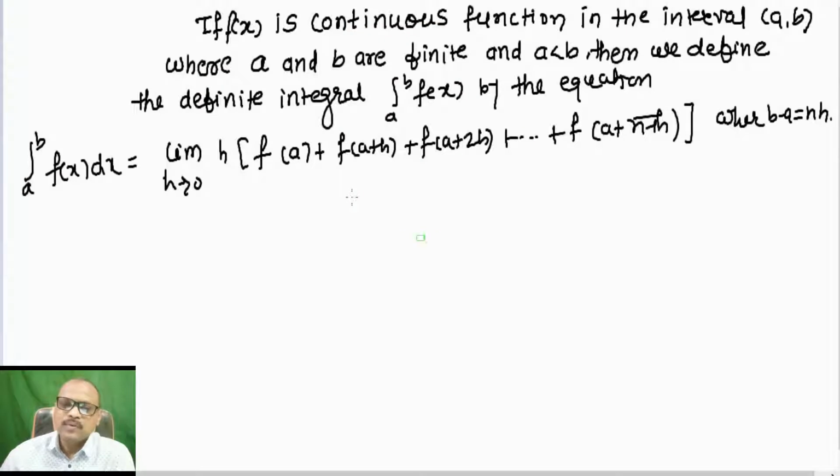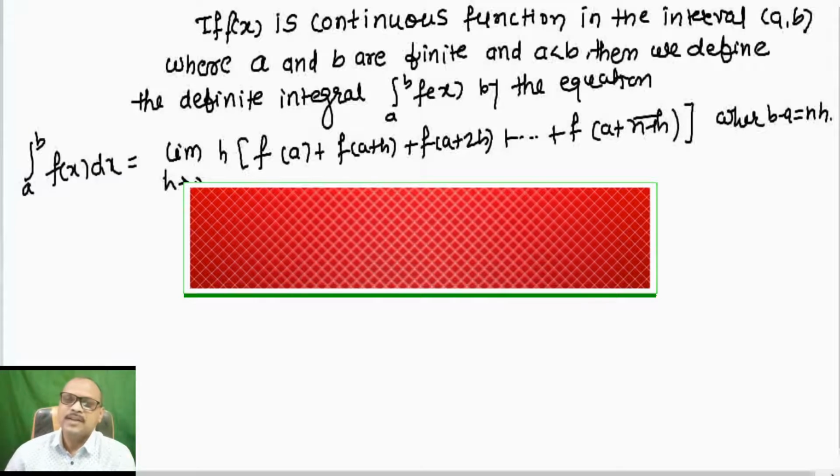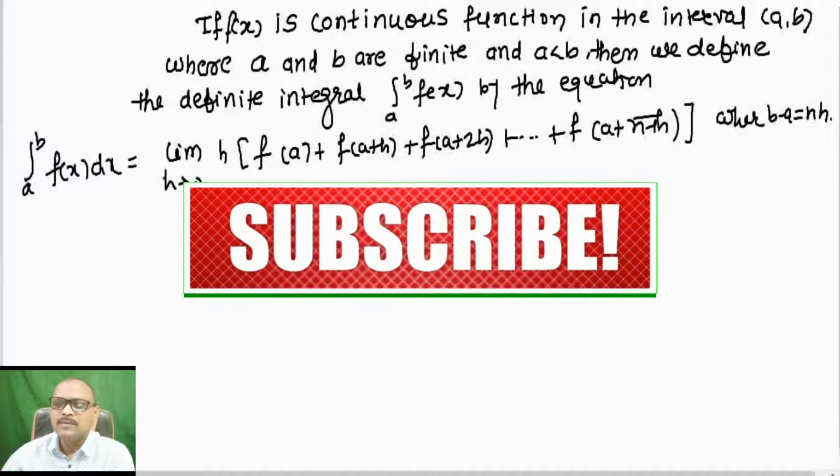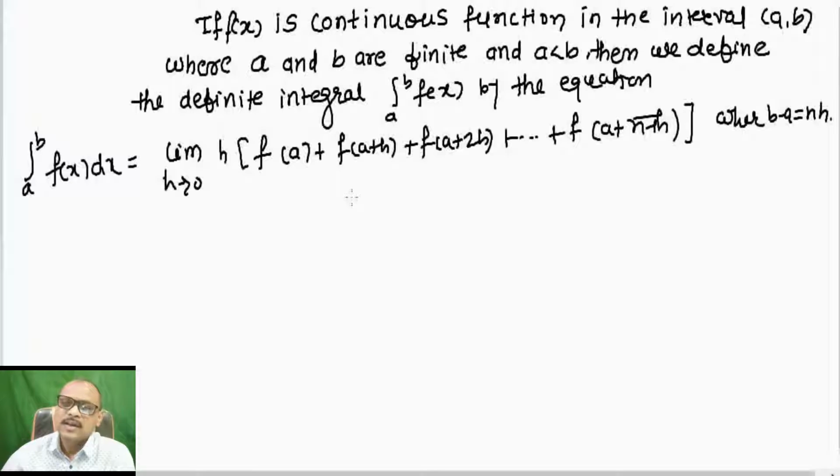On your screen you can watch this definition. If f of x is continuous in the interval a comma b, where a and b are finite and a is less than b, then we define the definite integral of f of x by the equation: integration a to b f of x equals limit h tends to 0 h into the bracket f of a plus f of a plus h plus f of a plus 2h plus ... plus f of a plus n minus 1 h.